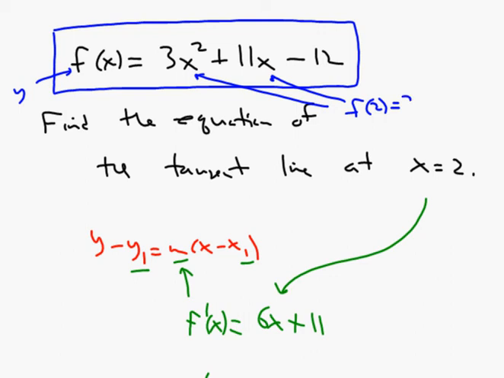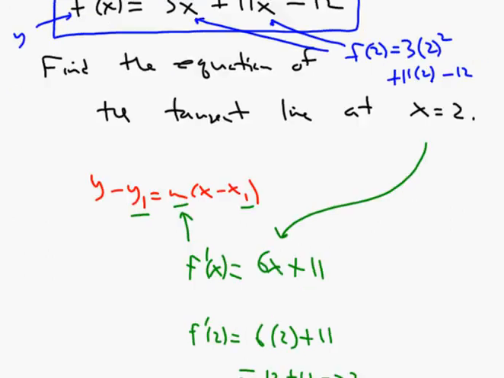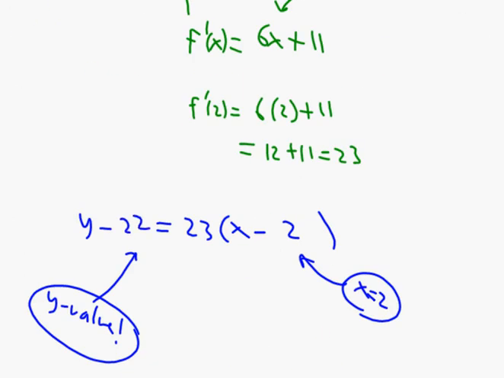So 3 times 2 squared plus 11 times 2 minus 12. Be careful with this. 2 squared is 4. Do that first. 4 times 3 is 12 plus 22 minus 12. Oh, that's sort of nice. You just get 22, right? So there you go. The y value that we needed is 22, and there's the equation of your tangent line.